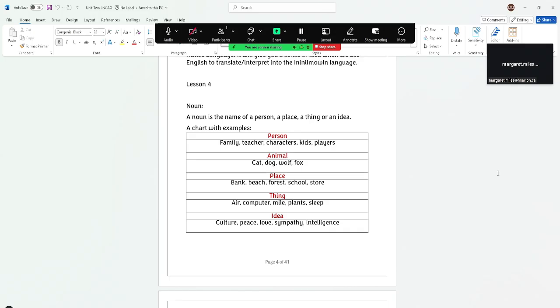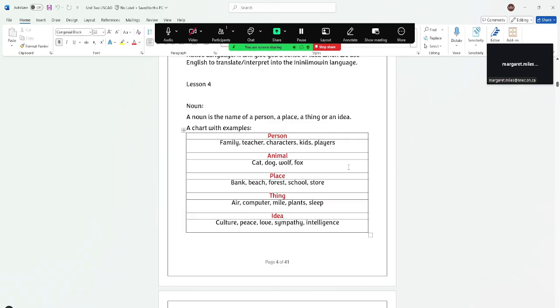So here a noun is the name of a person, place, a thing, or an idea. And here we have an example chart. The first one is person, Ininu. That will include family, teacher, characters, kids, players.